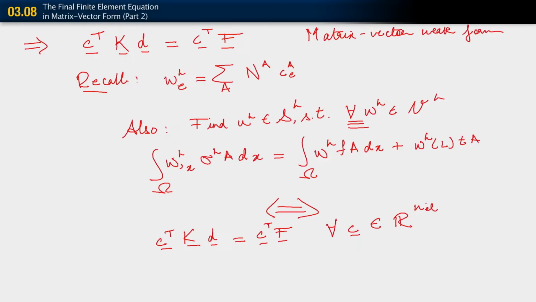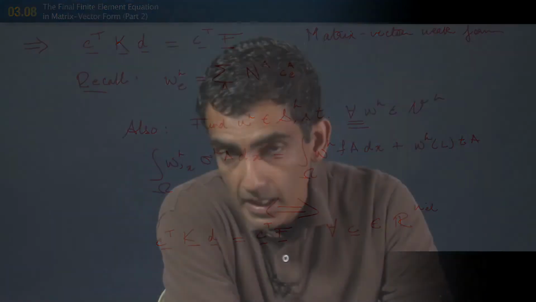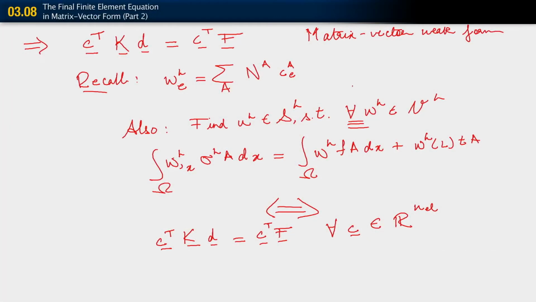C, after all, is just a vector with nel entries. It is when we specify that our matrix vector weak form must hold for all C belonging to this nel dimensional space that we are essentially imposing the same requirement as we do here.